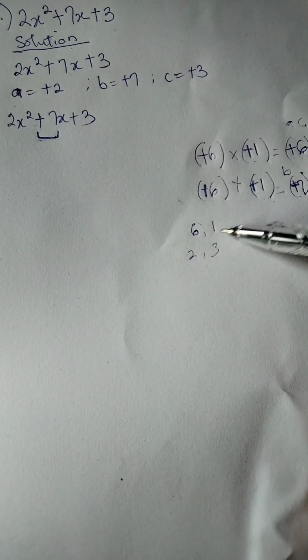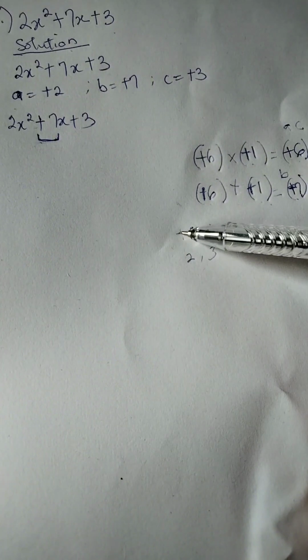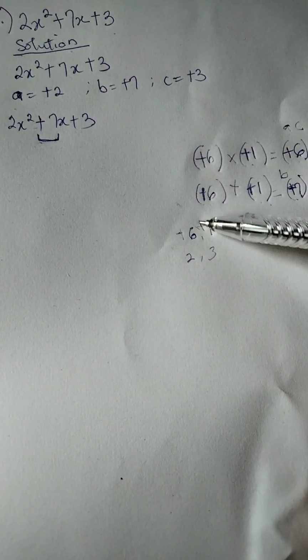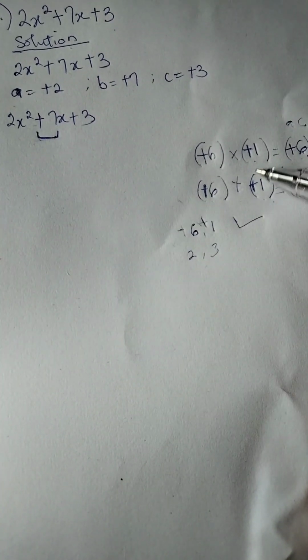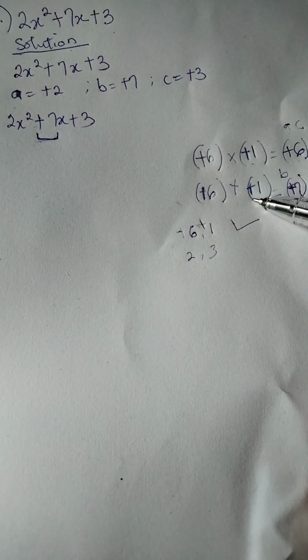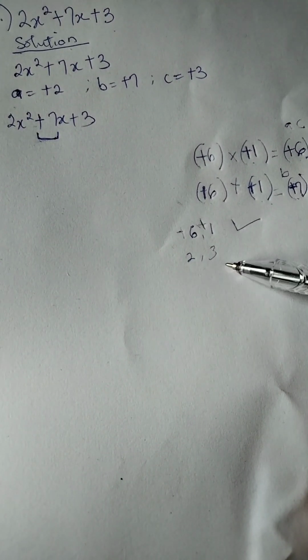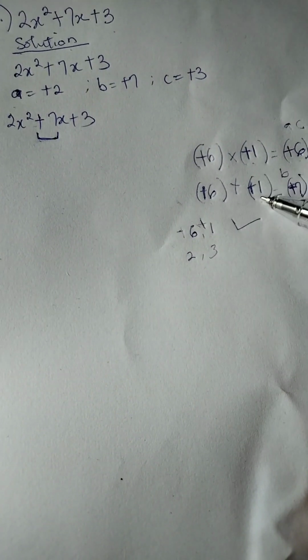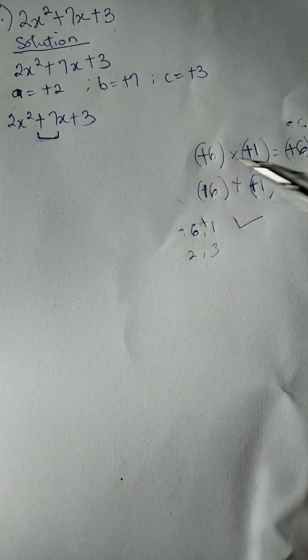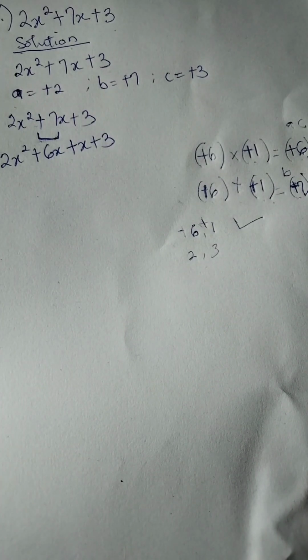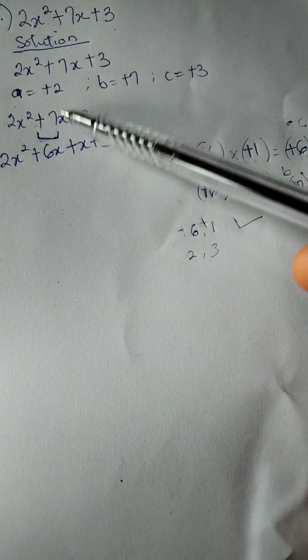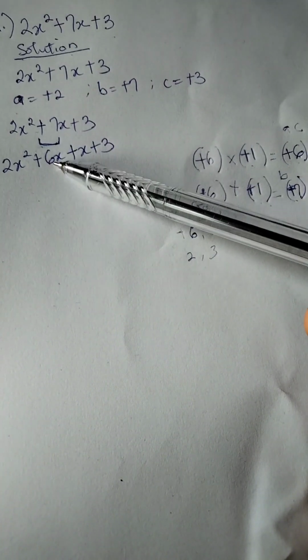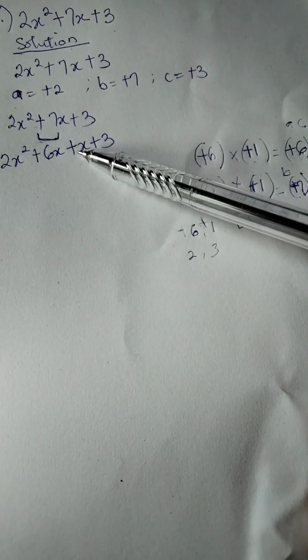Yes. So plus 6 and plus 1 satisfy these two criteria. We don't really need to consider the other pair since we already have two numbers that satisfy both. So now we replace plus 7 with those two numbers. Alright, so we've replaced plus 7 with plus 6 and plus 1.